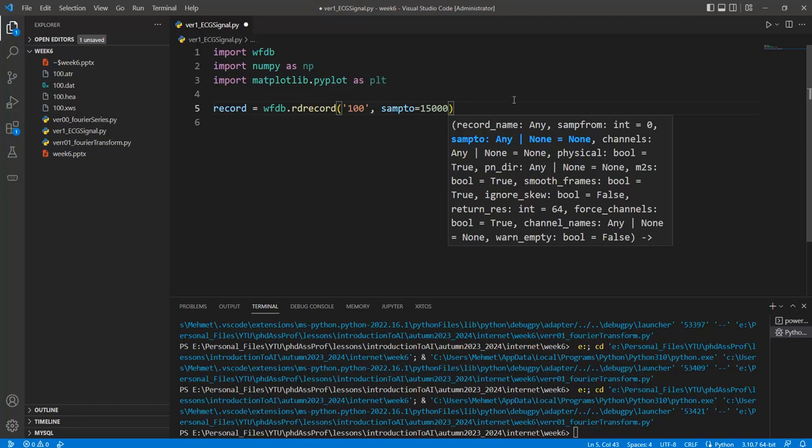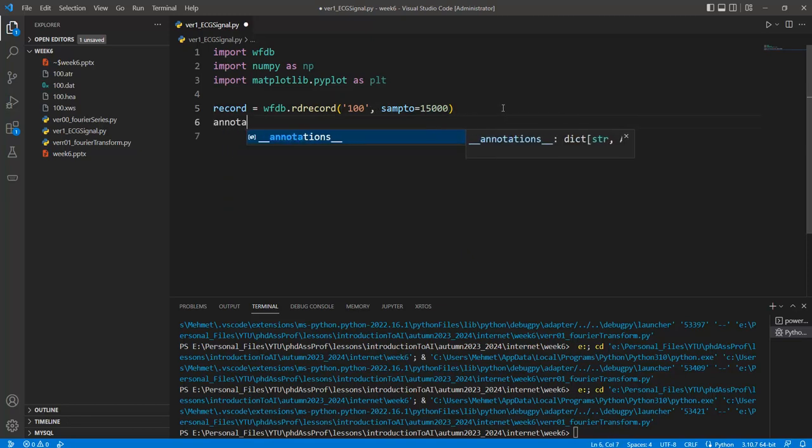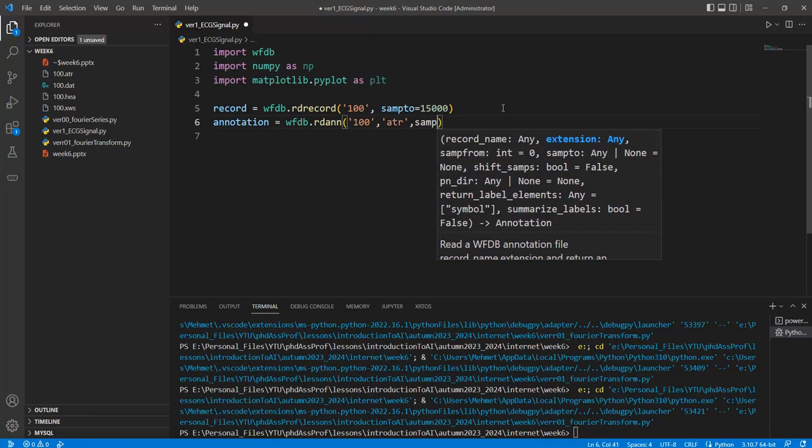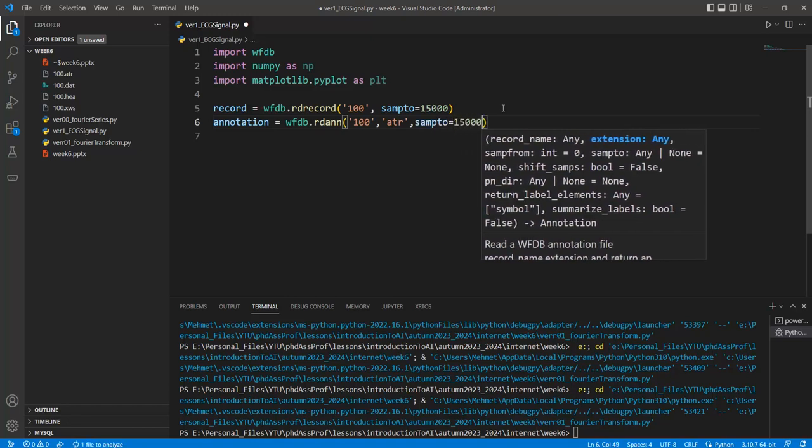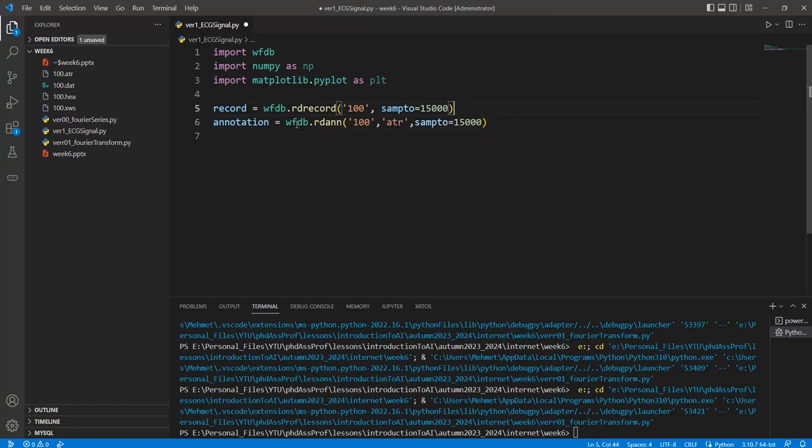Okay, and also we can give the annotation file in here, vfdb.rd annotation, and 100. This is the type of the attributes, and sampto 15,000. Okay, these are the general collection of the ECG signal and its annotation.